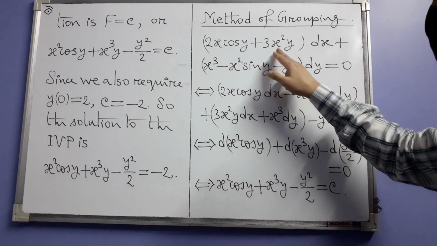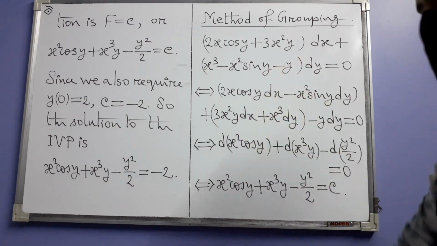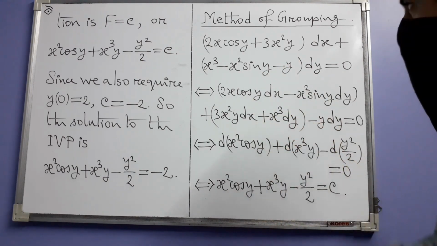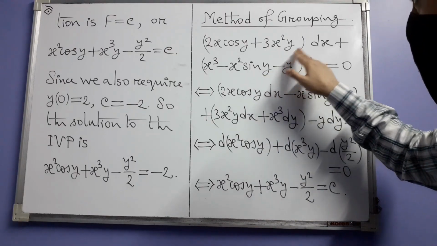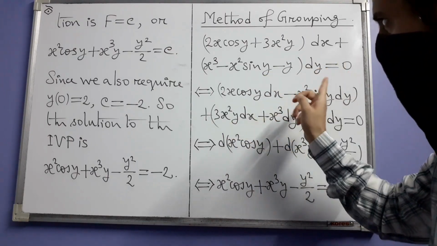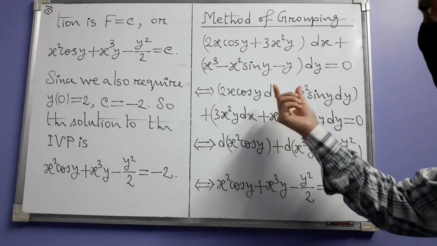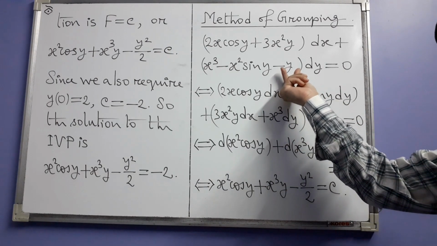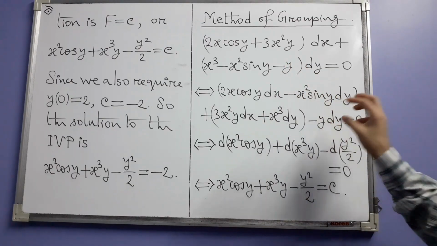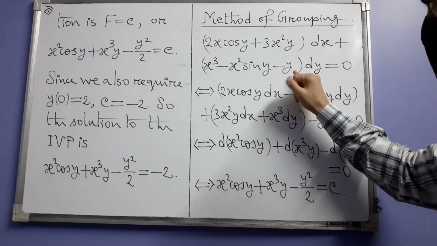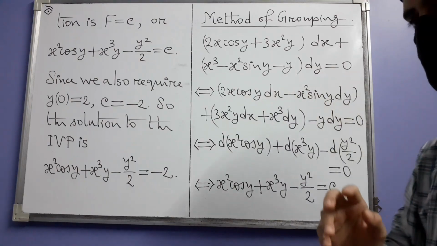But anyway, we keep those terms and group them together. So that way we get 3x² y dx plus x³ dy, and that leaves us with this lone term minus y, and that can be kept separately because here we have minus y dy, so there is no x.